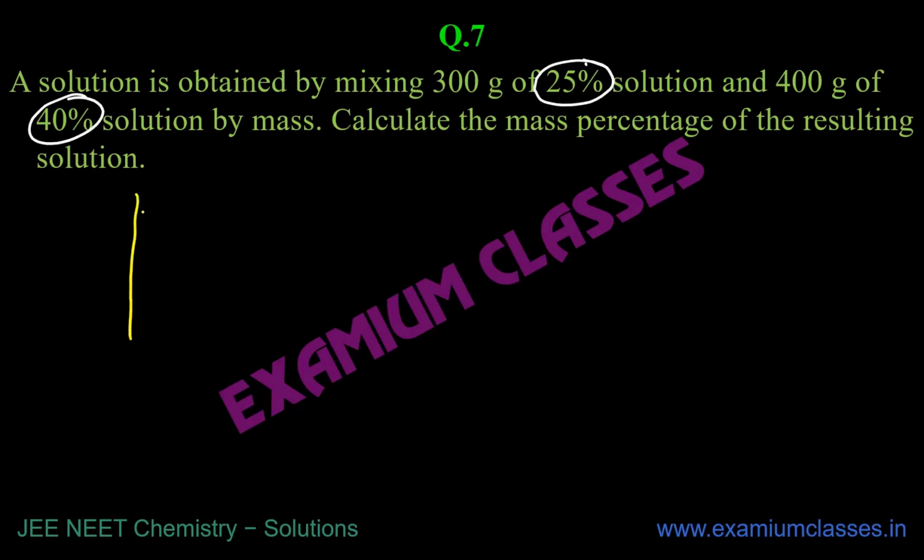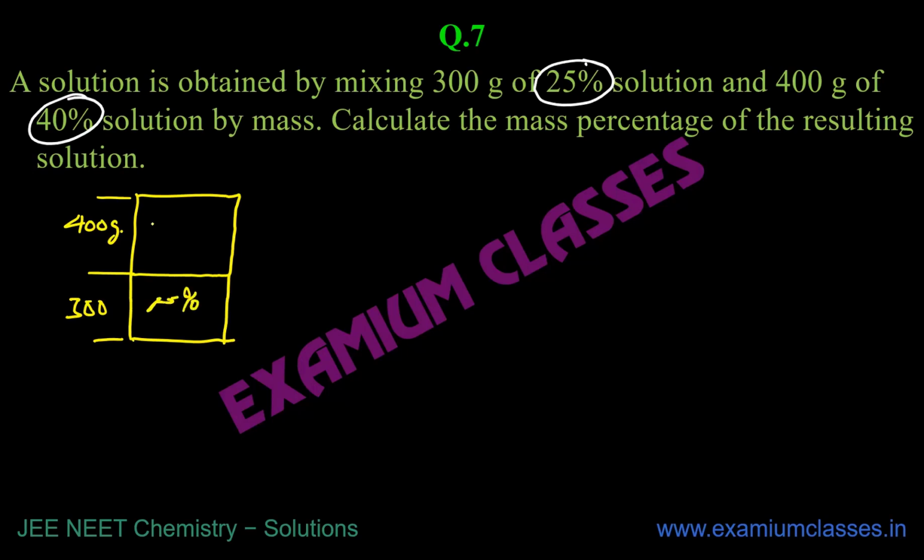Because if you understand it diagrammatically, we are saying that you have 300 grams of solution and you have 400 grams of solution. Here you have 25%, here you have 40%. So in total you have 700 grams, remember.